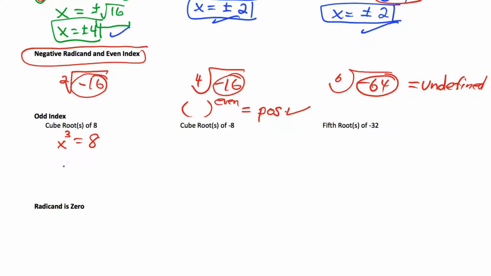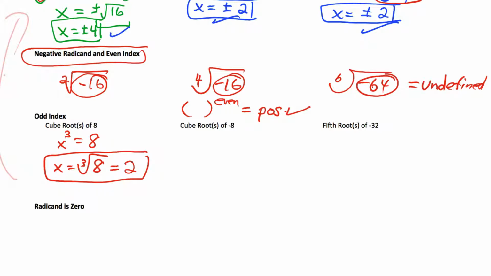And in radical form, that would be the cube root of 8. And if we think about that, there is only one possibility as an answer, and that's 2. So third rooting a positive radicand gives us one answer, which is different than what happened when we took the square root, fourth root, sixth root, even root of a positive value.